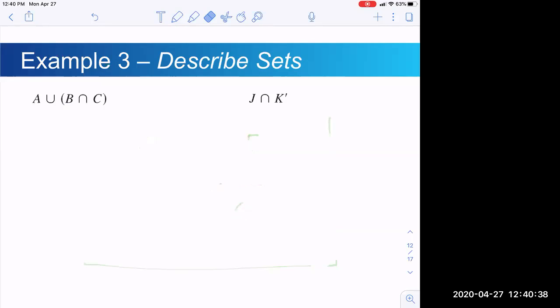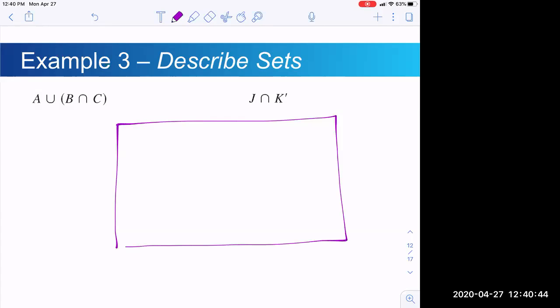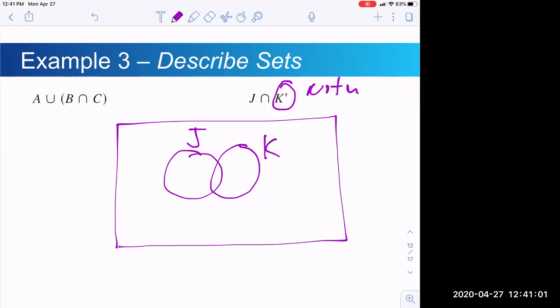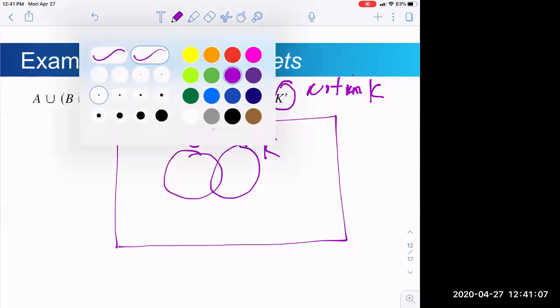Okay, next one. There's only 2 sets. When we do these, we always show an intersection, just in case there is. So here's J and K. So I want the intersection between J and the complement of K. So that's not in K. So I'm going to start there.